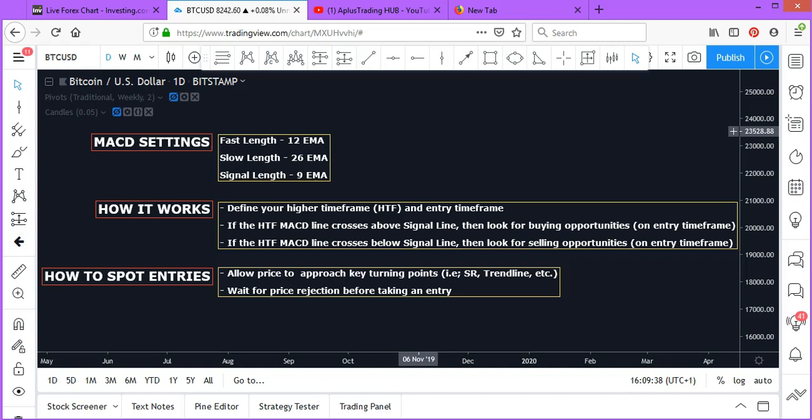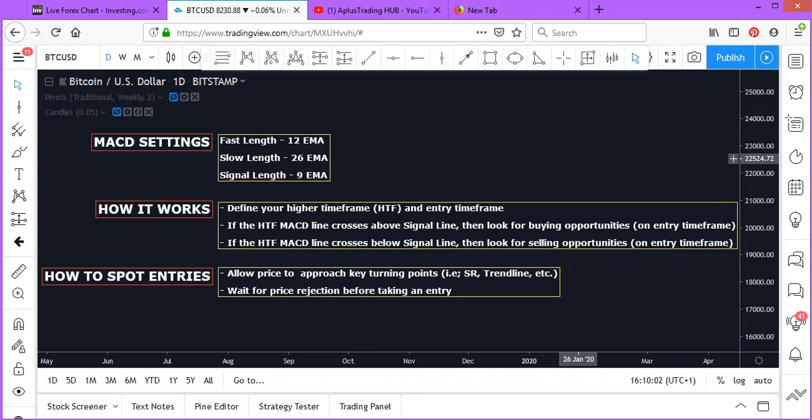I use it to spot when to take a trade. That is what I use it for. Some traders use it for different kinds of things, but basically I keep things simple, so I use it for spotting entries.